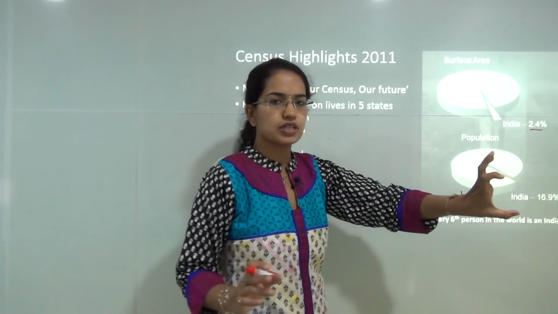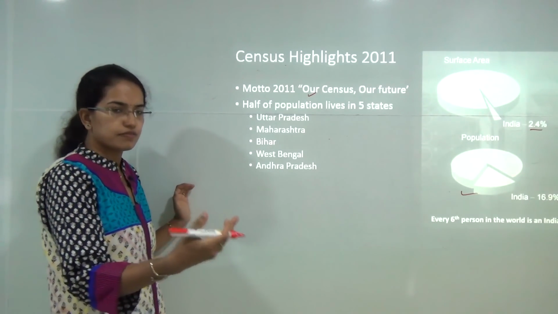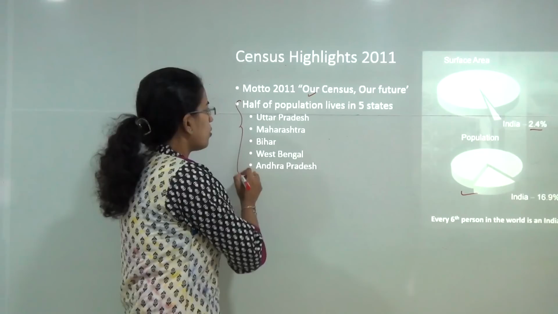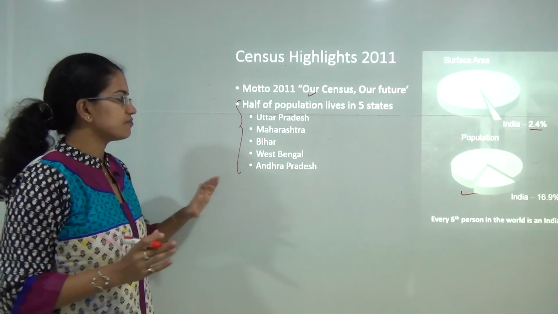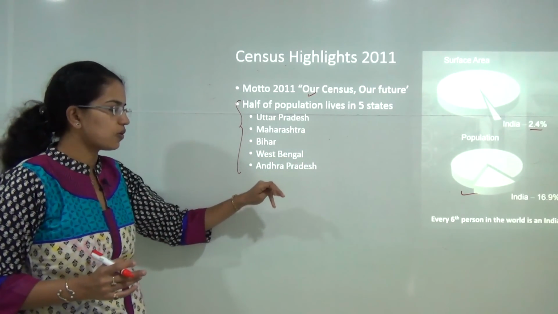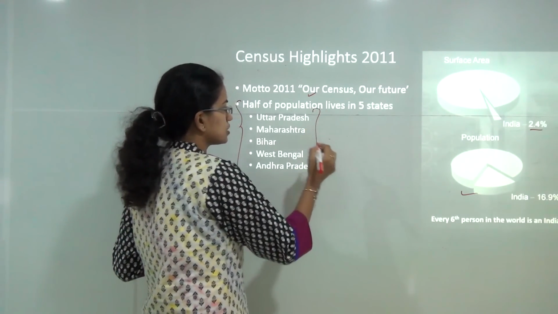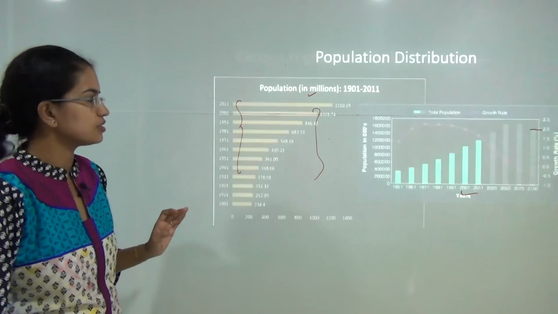So proper allocation of resources and proper utilization is important. As we move forward, we'll understand that. Now half of the population in India is confined to 5 states, that is Uttar Pradesh, Maharashtra, Bihar, West Bengal and Andhra Pradesh. These 5 states alone constitute 50% of the population of India.